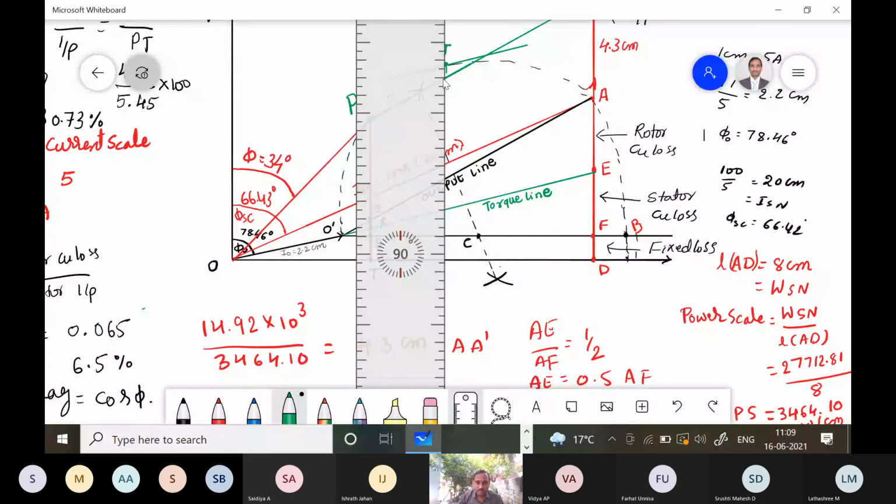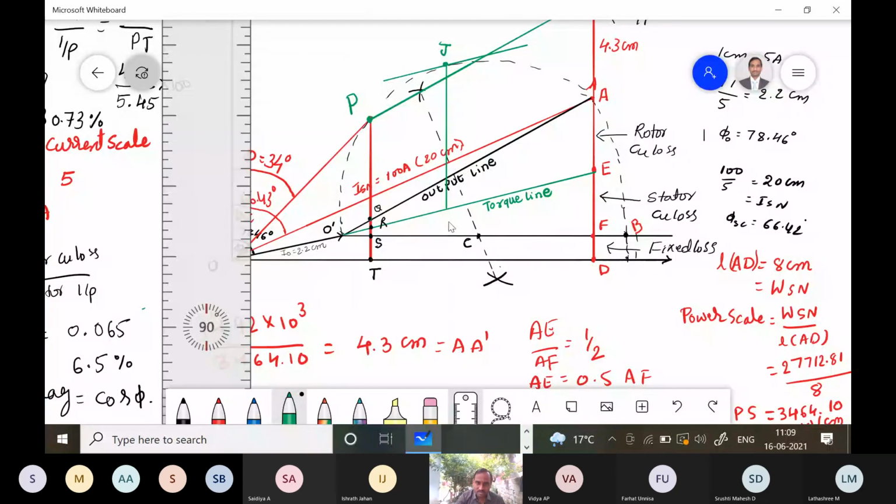Got this point? Otherwise I will explain once again. Take a parallel line from the torque line. You draw that parallel line on the semicircle as a tangent.